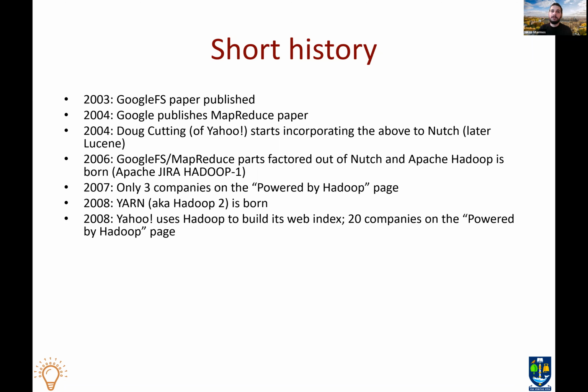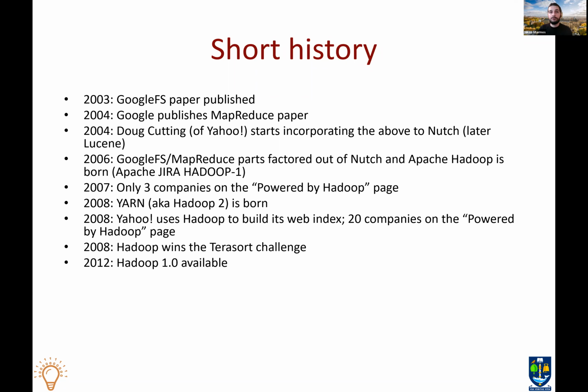That's also when Yahoo announces that it uses Hadoop to build its web index, and up until recently, Yahoo was the entity with the largest Hadoop cluster around. By that time, 20 companies are using Hadoop officially. 2008 is when Hadoop wins the Terasort challenge, actually blowing the previous winner out of the water. And so it started rising in popularity.